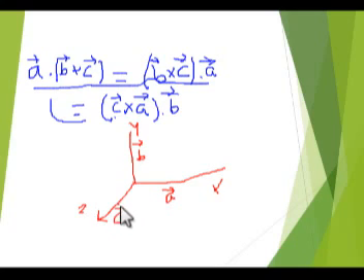We have already found that the scalar triple product, if the vectors are working perpendicularly, will be equal to the multiplication of the moduli of the three vectors.